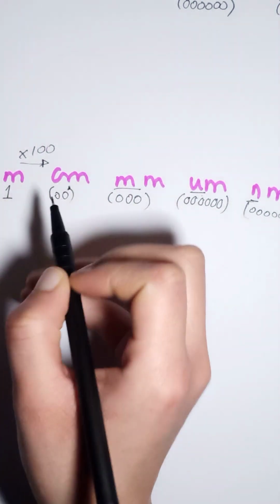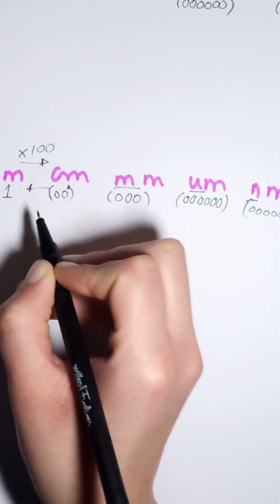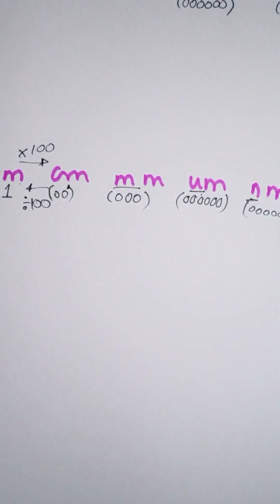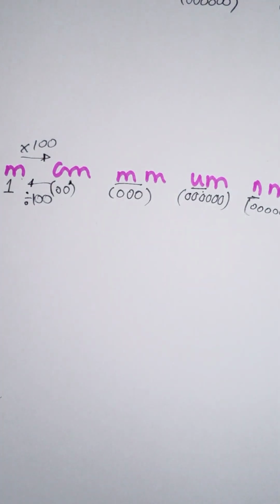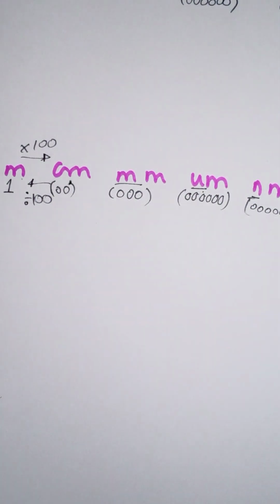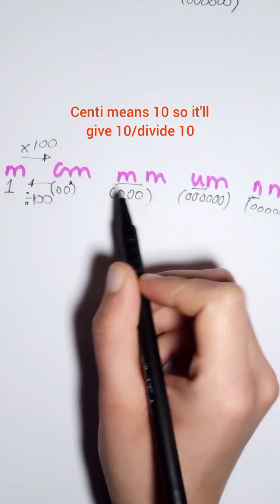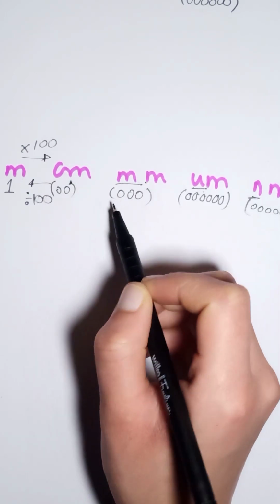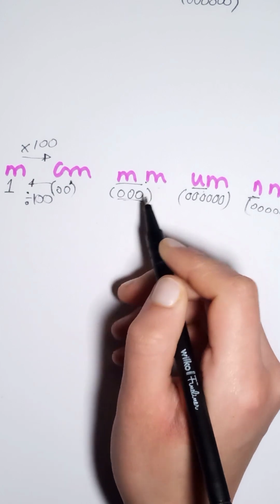So it will divide by 100 if we're going to convert centimeters into meters. Centimeters is of course smaller than meters, so it will be divided by 100. Moving on further, centimeters is bigger than millimeters, because millimeters has 3 zeros, so it's 1,000.